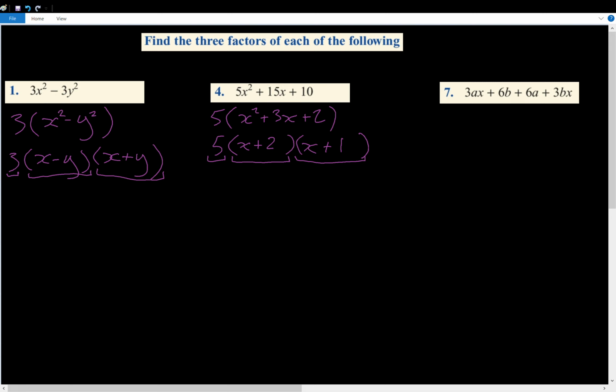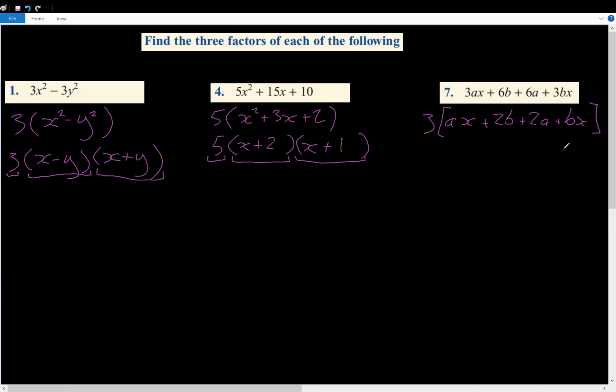In number 7, we've got what's clearly a factorizing by grouping. And what we can do with this one is we can actually take our common factor out now. So the common factor for all 4 terms in this is 3. So we have 3 multiplied by ax plus 2b plus 2a plus bx, like that.